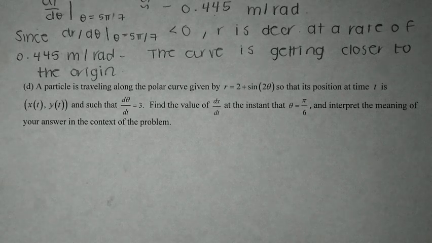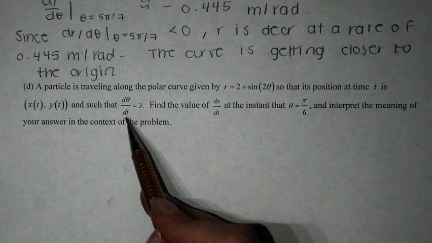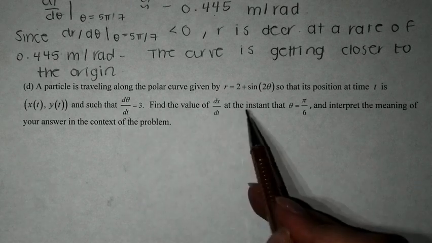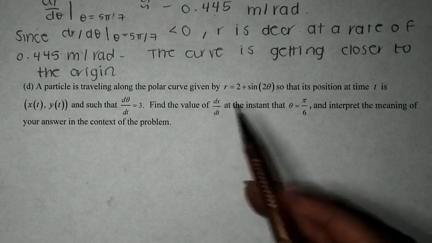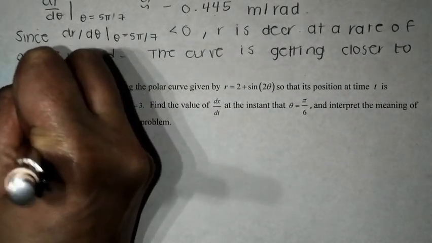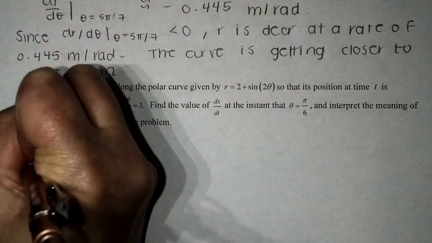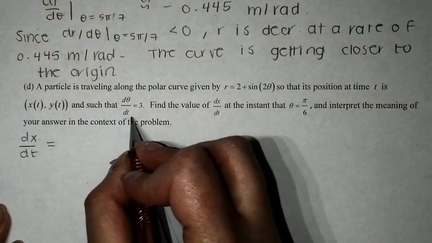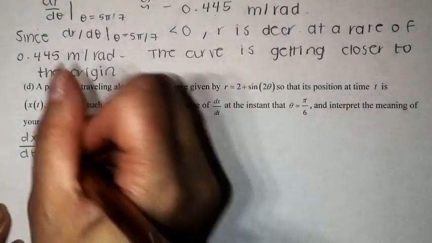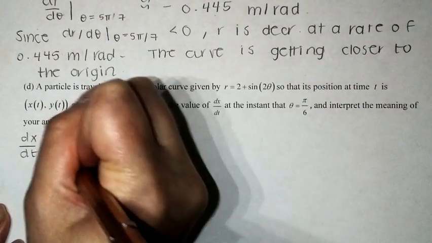So what are you going to do? Before feeling overwhelmed, think about something. This is a related rates problem, so you have your information and what they want you to find. I want to find dx/dt, and I'm given dθ/dt.